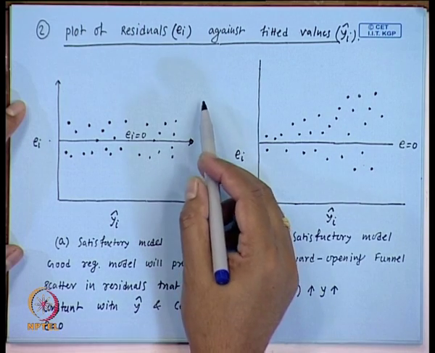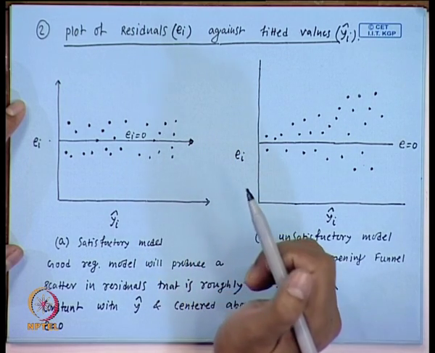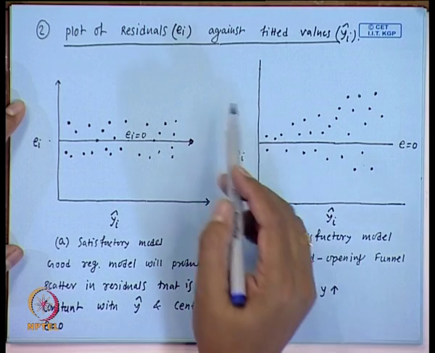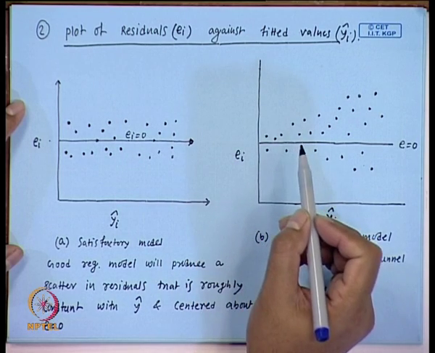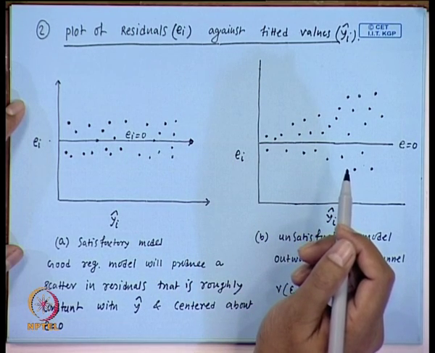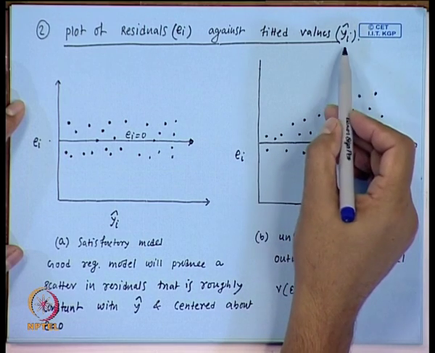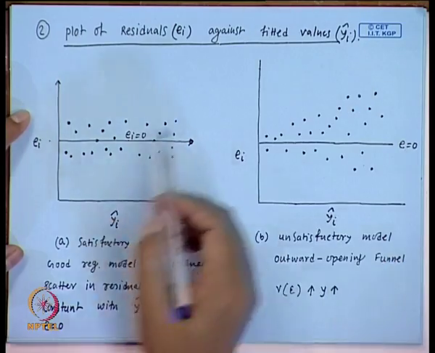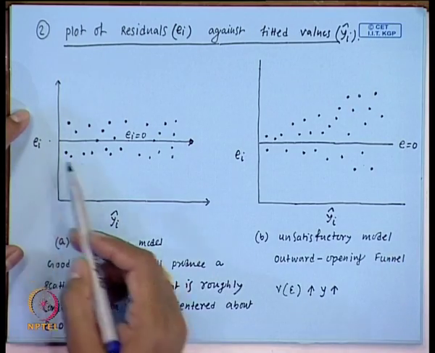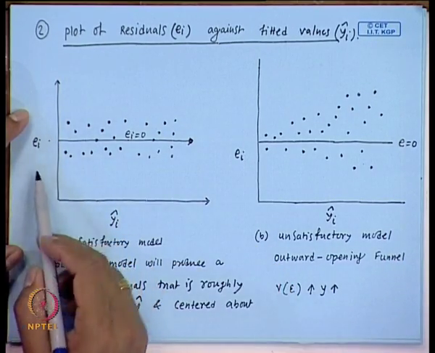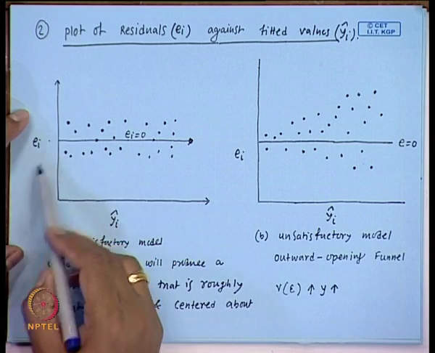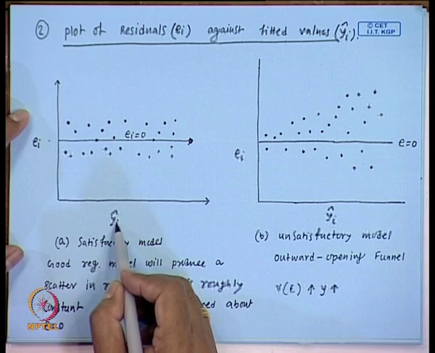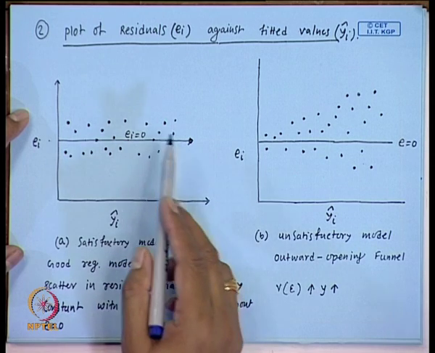So, given a set of data, you fit the model first, and then you can get the fitted values. Once you have the fitted values, you can compute the residuals, and then you plot the residual against the fitted value.